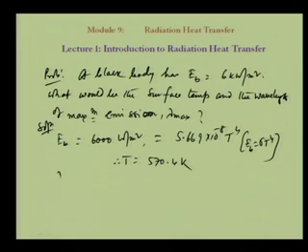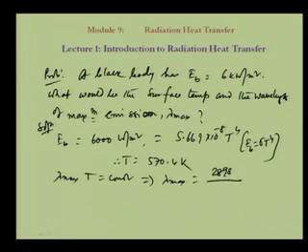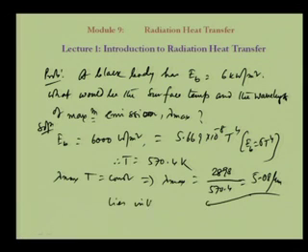Then lambda max into T is equal to a constant, that is Wien's displacement law, and from here lambda max will be equal to 2898 by 570.4, and this value is 5.08 micrometer. So, this wavelength lies in the infrared region.